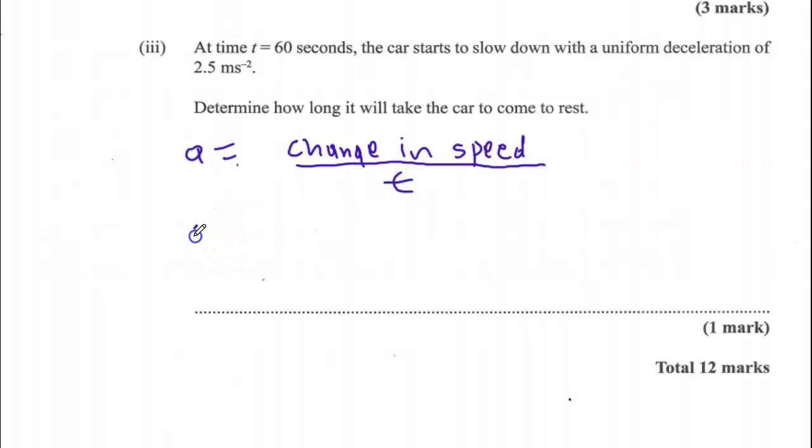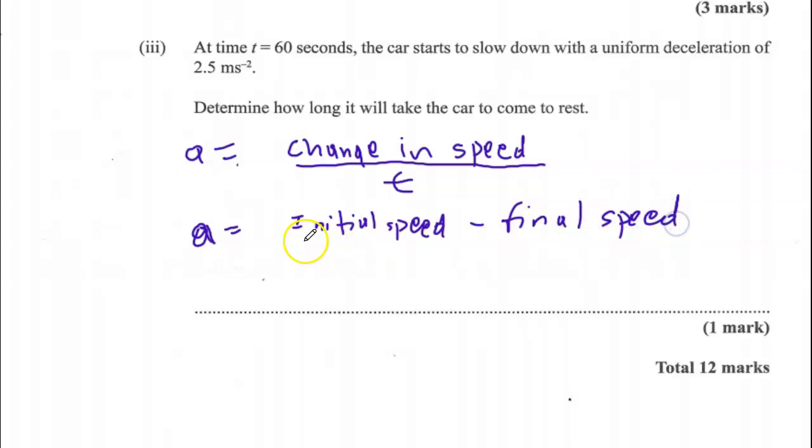Now talk about change in speed. So at t equals 60 seconds, I'm going to put initial speed minus final speed over the change in time, which is what we want to find, right?